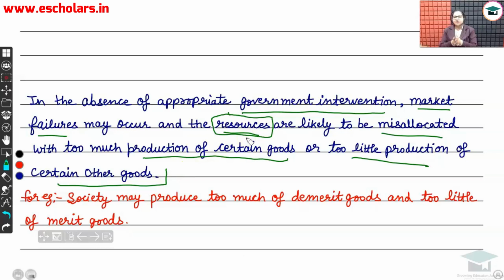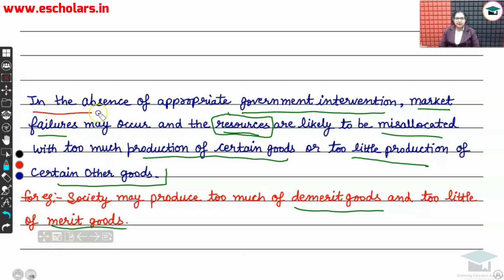For example, the allocation of resources will not be said to be perfect if the society is using the resources to produce demerit goods in large quantities, like alcoholic products, cigarettes, etc. Demerit goods are those goods which provide harm to the people who are consuming them. Okay, and less production of merit goods like education, healthcare, etc.